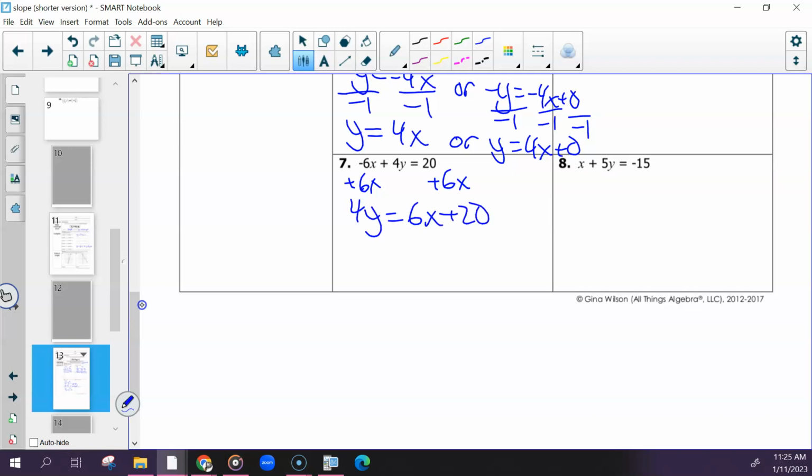And then Emma? So when we divide by 4, we'll have to simplify both of these. What would our new equation be?